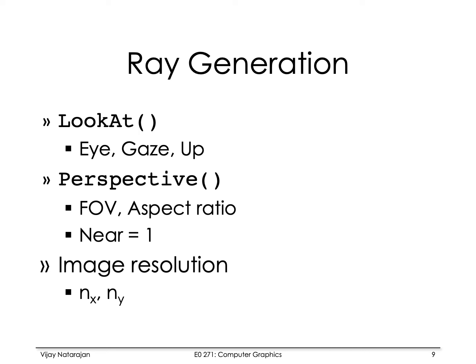The camera properties also include the view frustum, which we know can be specified using the field of view, the angle of view, and for example the aspect ratio and the distance to the near plane. In addition, we would need the resolution of the image. Let's say this is an image with nx columns and ny rows.